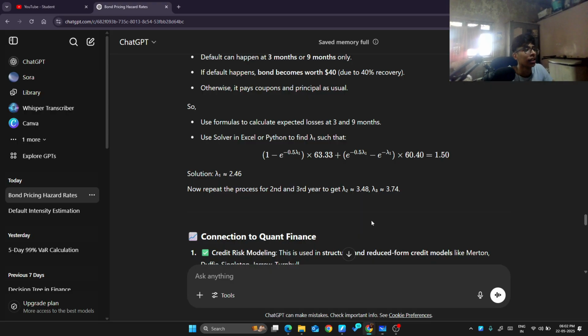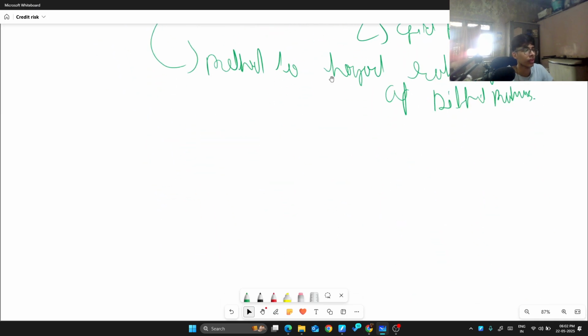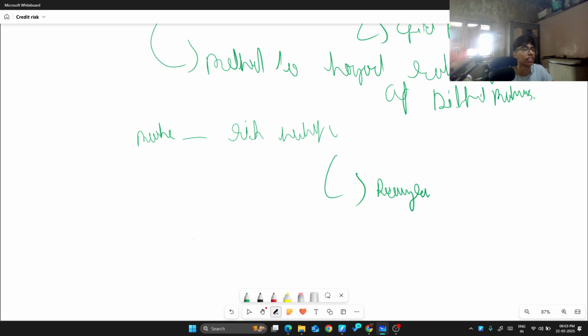It is explained simply here. The market price and the risk neutral price would be different, because the default probability and recovery rate are included in it.